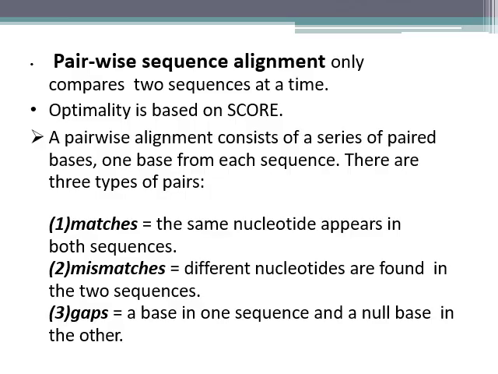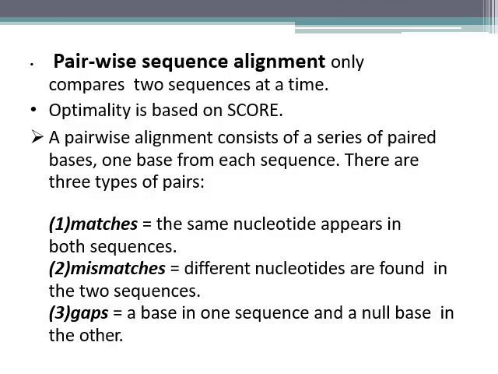It is optimal based on score. So when we align the two sequences, we score them. We give some kind of numbers for the alignment. And a pairwise alignment consists of a series of paired bases, one base from each sequence. There are three types of pairs: either a match, a mismatch, or a gap.